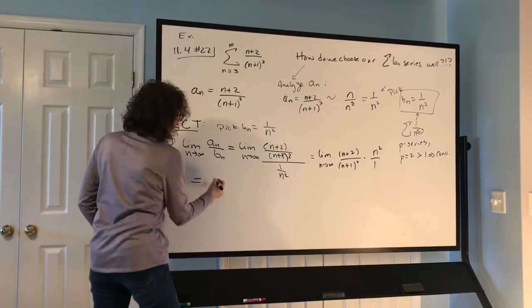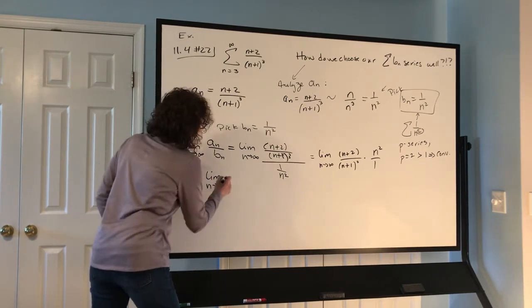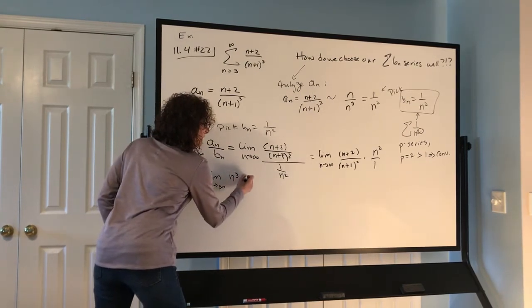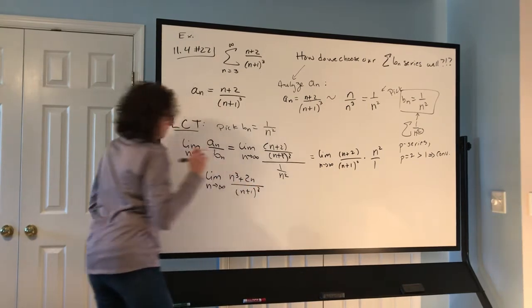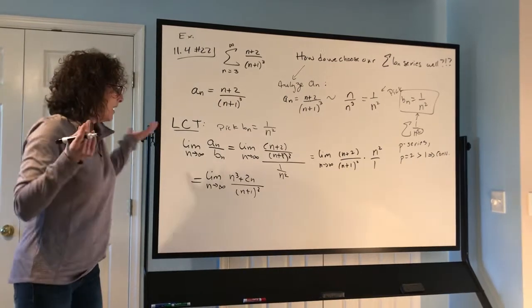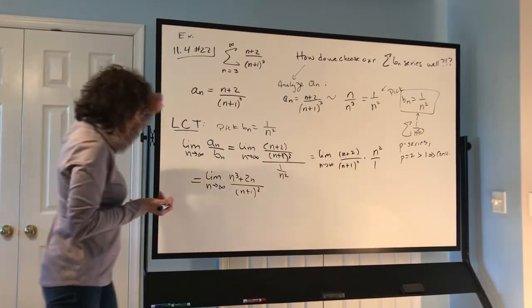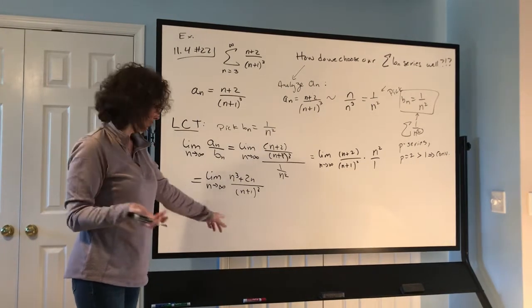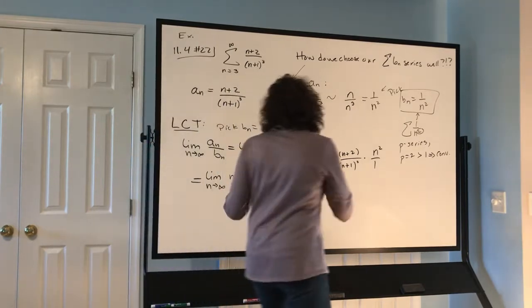So what do we have here? This is the limit, right? Got to keep the limit in front. n cubed plus 2n over n plus 1 quantity cubed. Yeah? How do we deal with this limit? How do we justify this limit? Well, it's an infinity over infinity indeterminate form, so you could do L'Hopital's rule 3 times if you like, correctly.